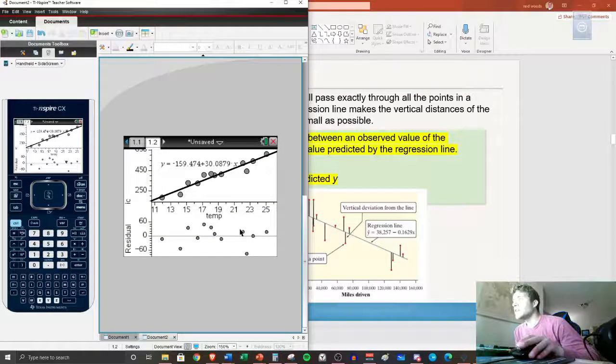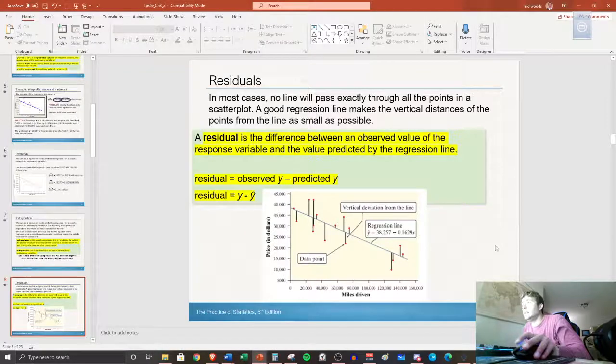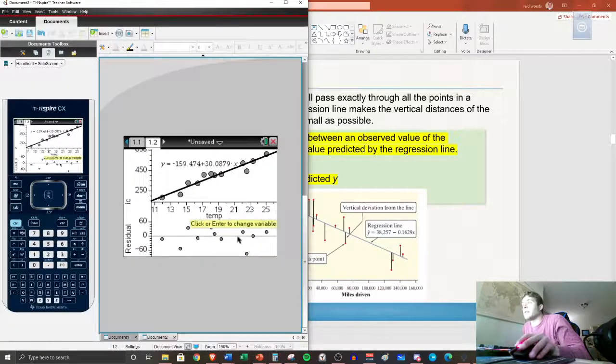What you see here is the distances. We take this line, the diagonal line, the positive sloped line, and we flatten it out and call it 0. And then all these points show their distance from that residual line. Okay, so it doesn't have these lines here, but you could imagine we could draw those lines vertically to it, and that's what a residual is, and that's how we can look at the residual plot.